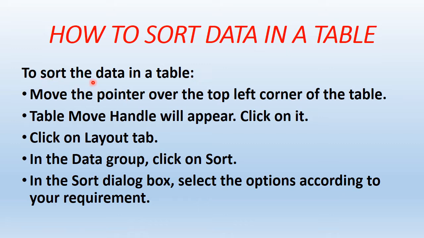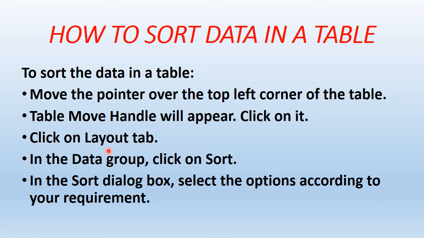To sort the data in a table, first of all, we will keep our mouse pointer over the top left corner of the table. And you know what is on the top left corner? Yes, there is a table move handle. When you click on the table move handle, the entire table will be selected.